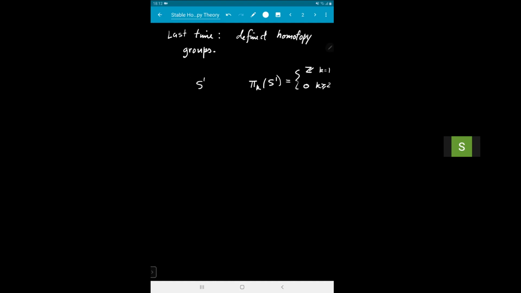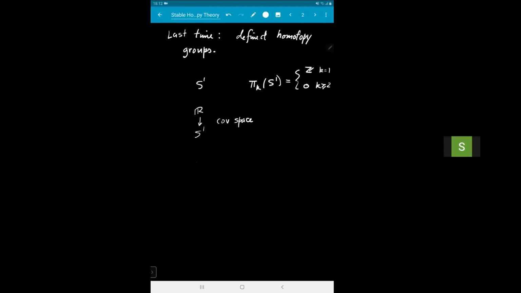The reason is that S^1 has a universal cover R. The map R to S^1 is a covering space, and as I commented before, for a covering space the homotopy groups in dimension greater than or equal to 2 are isomorphic, and the real line R is contractible. So we have that pi_k of S^1 is 0 if k is bigger than or equal to 2.